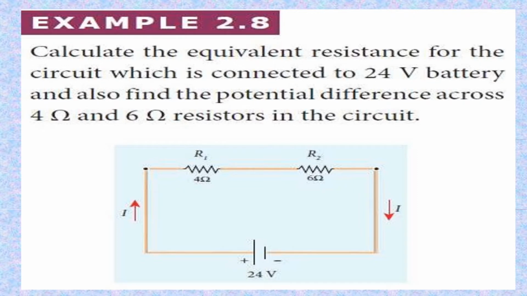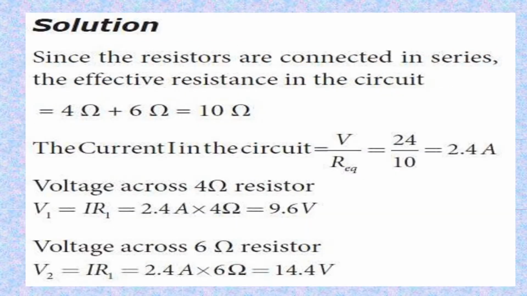Now here is the example. Calculate the equivalent resistance for the circuit which is connected to a 24 volts battery, and also find the potential difference across the 4 ohm and 6 ohm resistors in the circuit. Here is the solution.